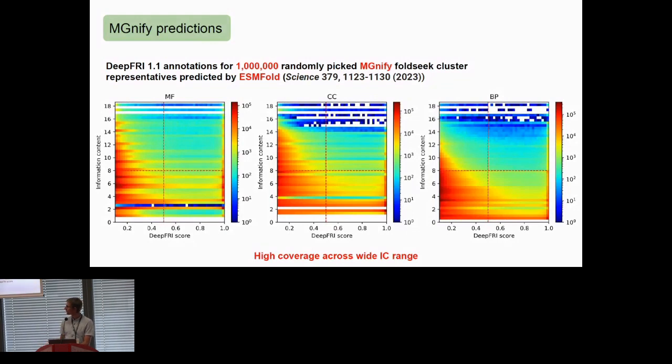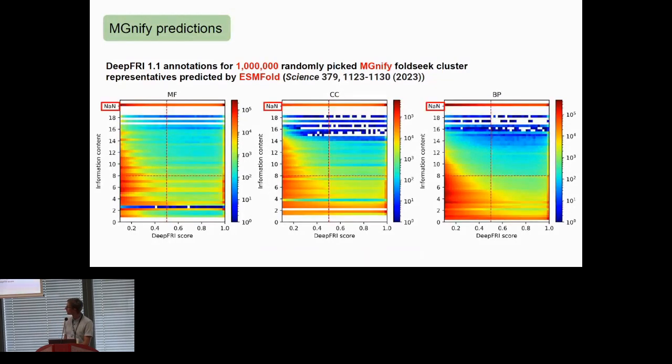So information content is on the y-axis and DeepFRI score is on the x-axis, which is pretty nice. But unfortunately, we couldn't compute information content for all predicted GO terms. So many of the predictions cannot be shown on this graph.